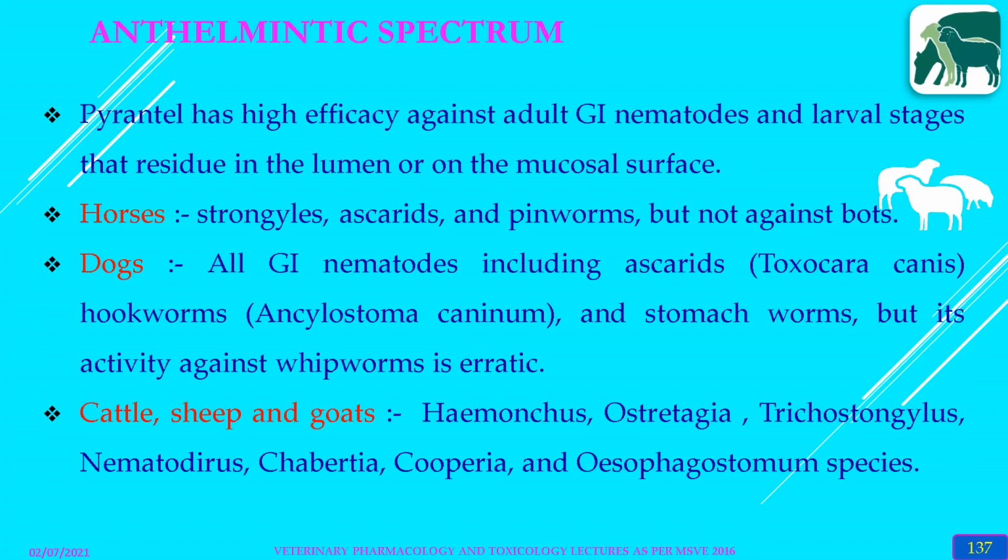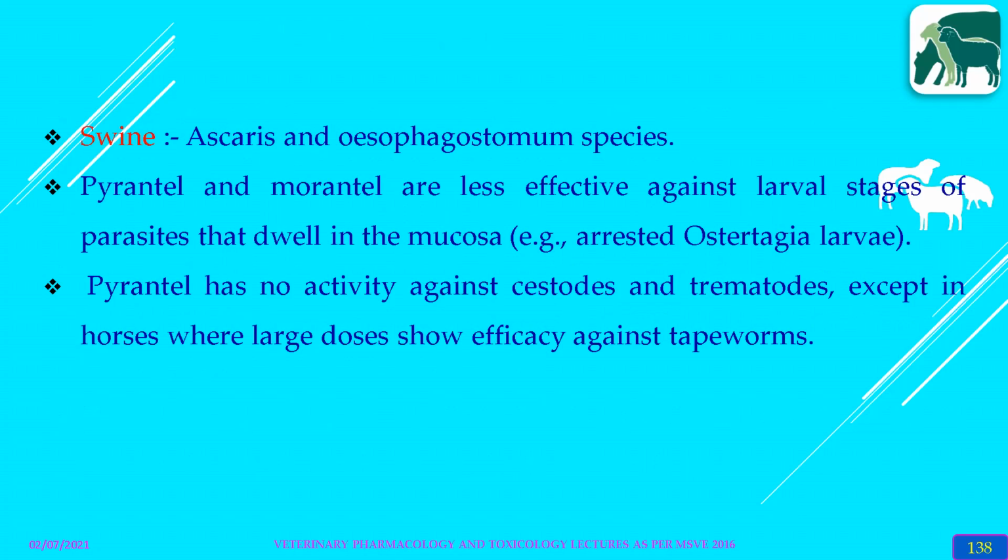PYRANTEL is highly effective against one of the most common worms of the large animals, that is the strongyles. It is also effective against Haemonchus contortus, Cooperia, and Oesophagostomum species. Swine, yes. Of course, this is also a very effective agent in case of canine hookworm infestation.